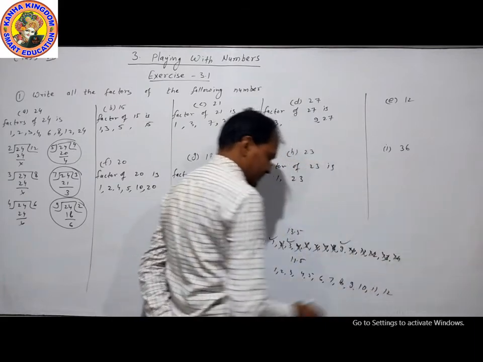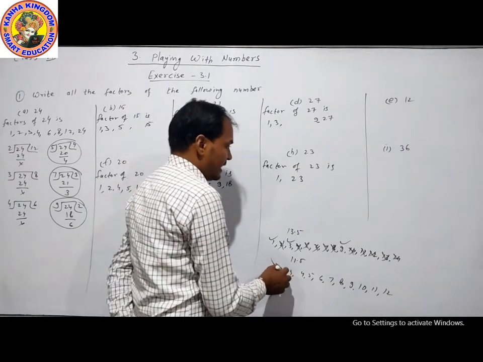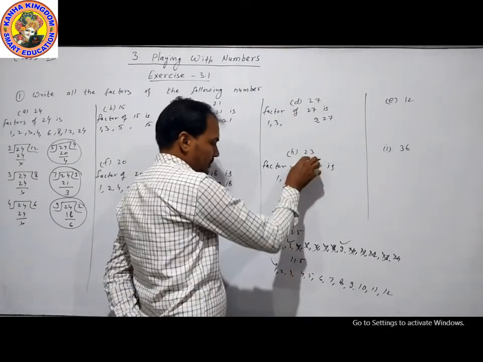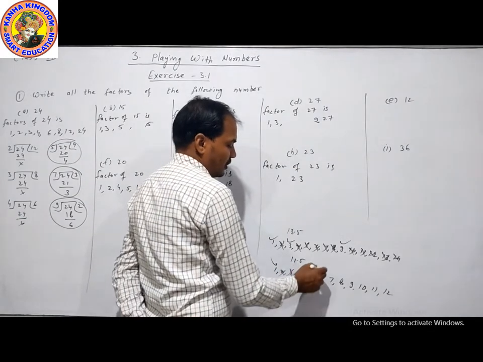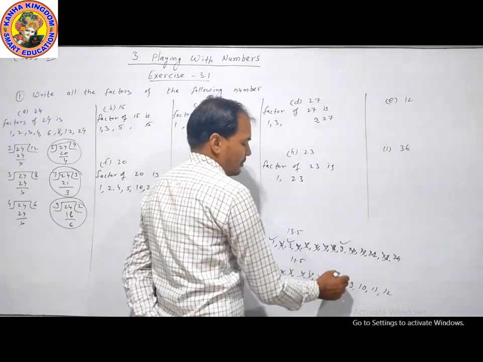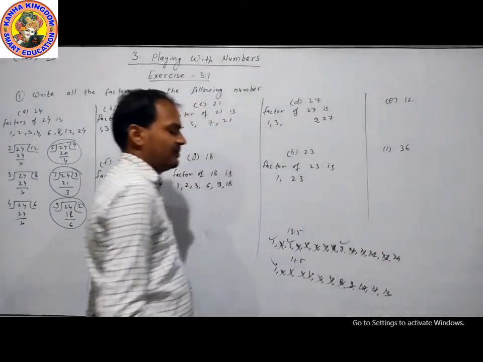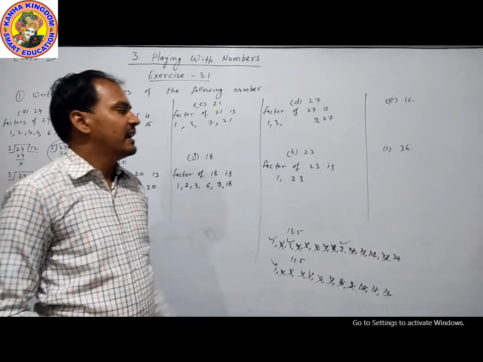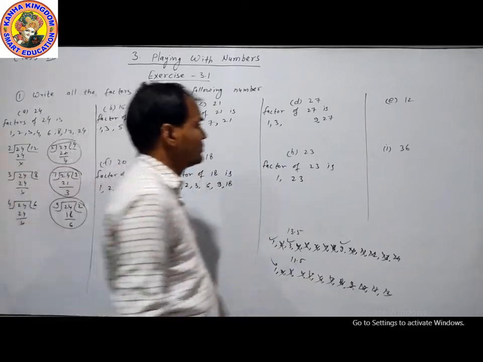Now take 1. 1 is our factor. We cannot divide 23 by 2. 3 not possible, 4 not possible, 5 not possible, 6 not possible, 7 not possible, 8, 9, 10, 11, 12. No one can divide 23. 1 and 23 are our factors.